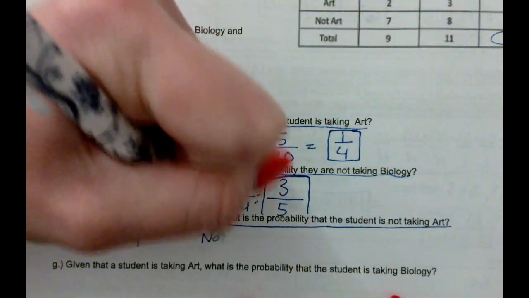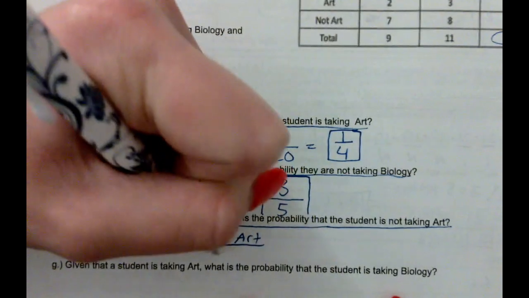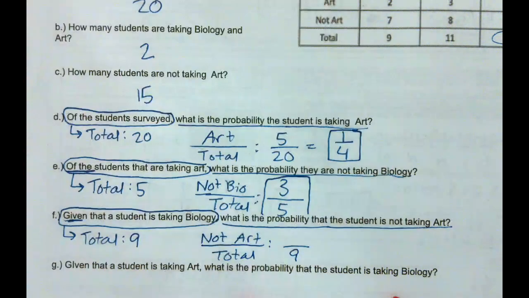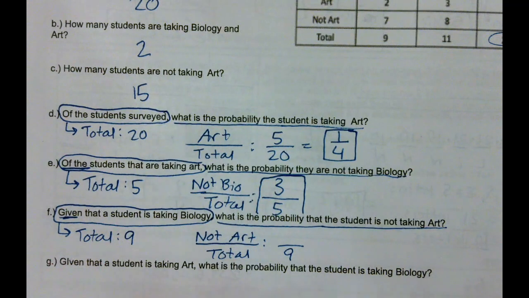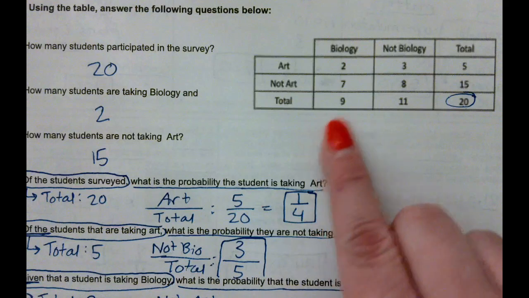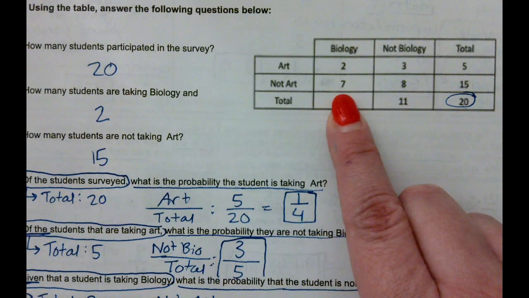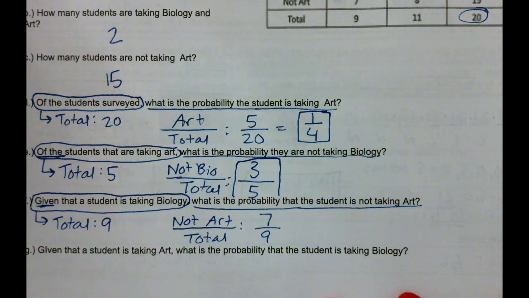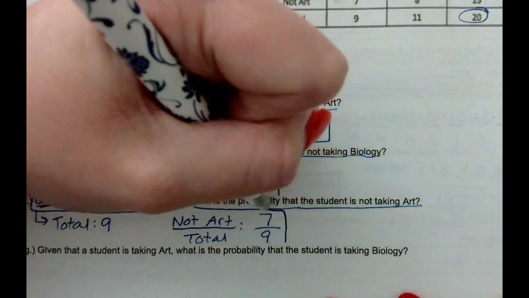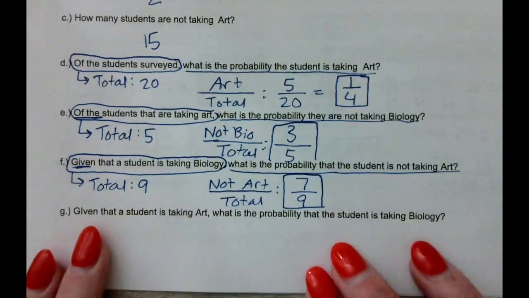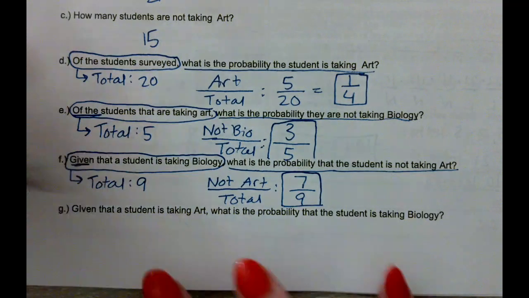So we have not art over the total. 9 of them, that's our total. We've already discovered that. Of those 9 biology students, how many are not taking art? 9 biology, 7 of them are not taking art. Can't reduce that. Last one.